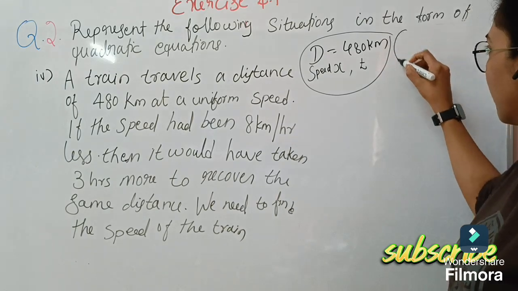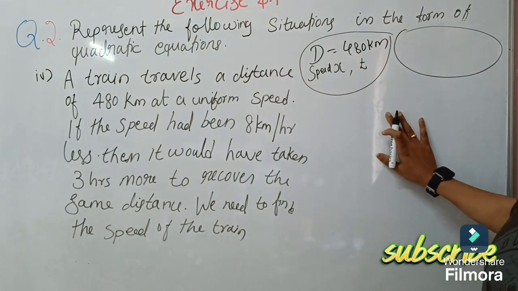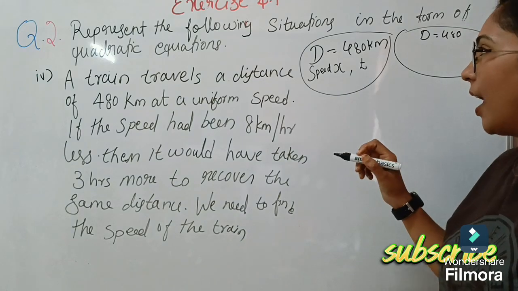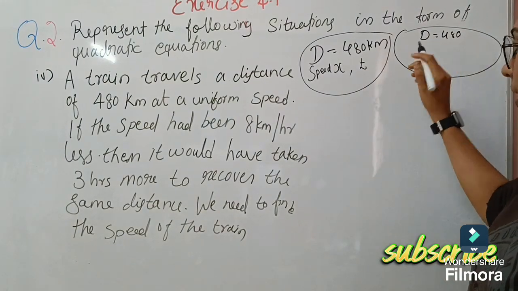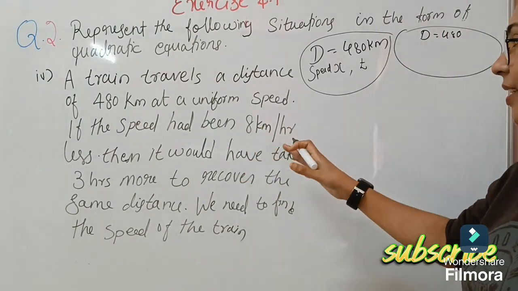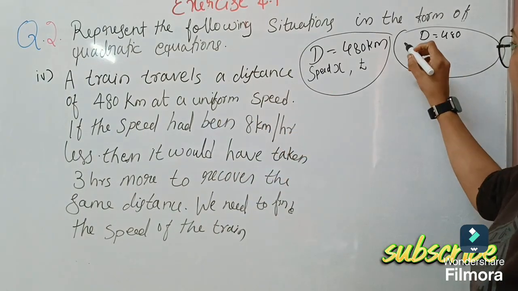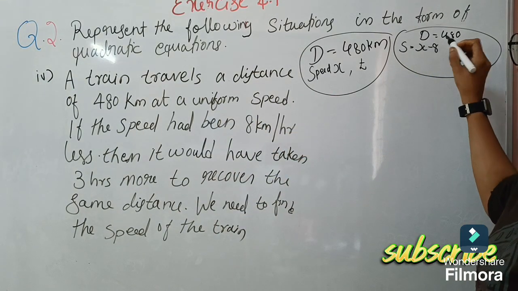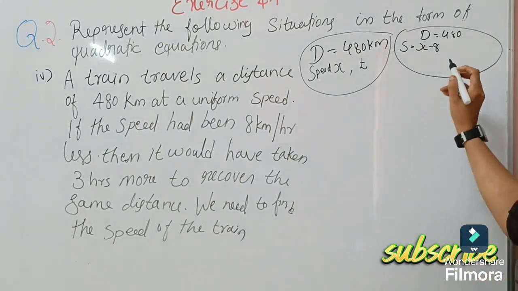And for the second case, the distance is the same, and the speed becomes 8 km less, which means the speed is now x minus 8.